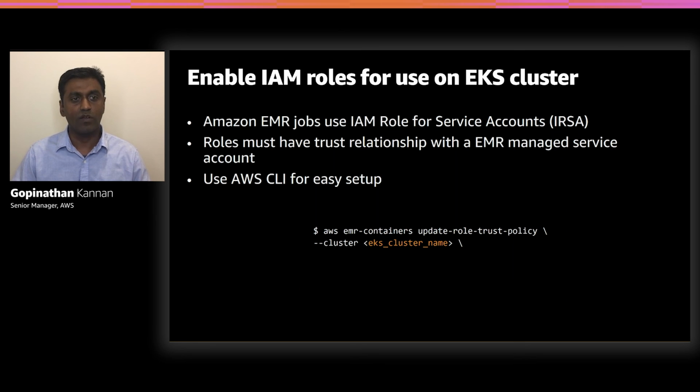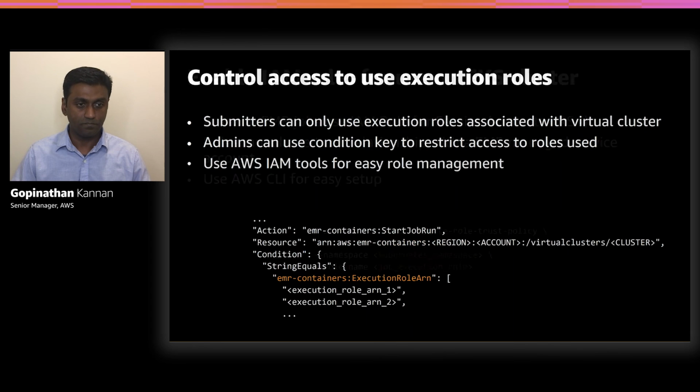These service accounts are also scoped to a namespace that belongs to a cluster. To make this all easy, we have added a utility function in our CLI, which will take the cluster name, the namespace, and the IAM role. With this, you are able to create the trust relationship.